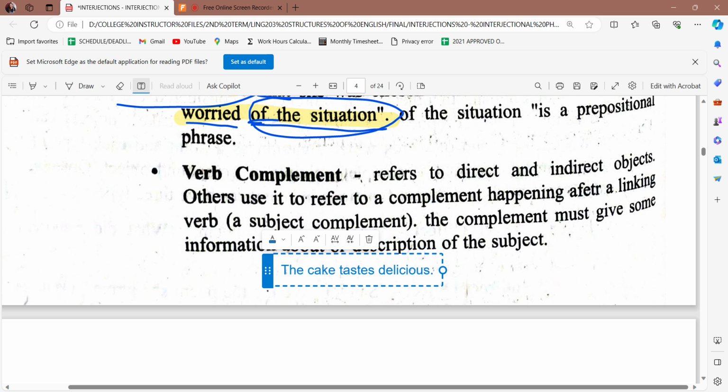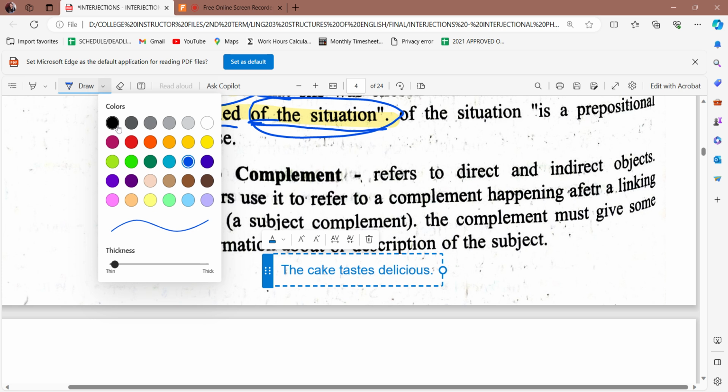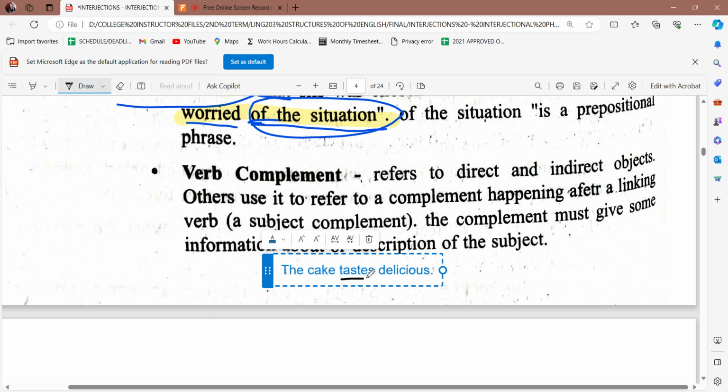And then the complement must give information or description of the subject. In this sentence, the cake tastes delicious. Now let's identify first our verb in the sentence. That is the basic in order for you to identify. So our verb here is the word taste.